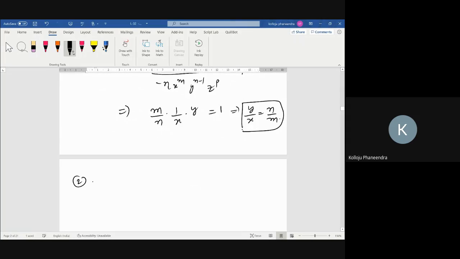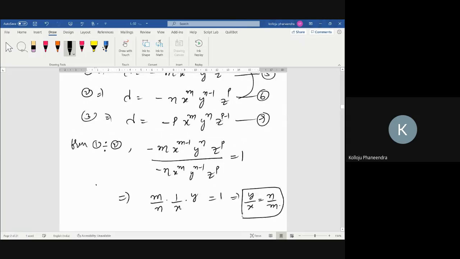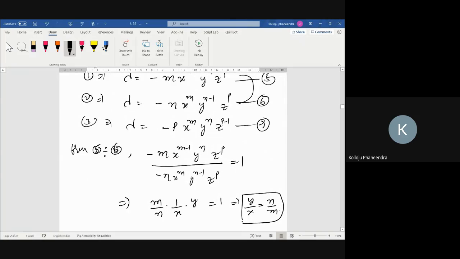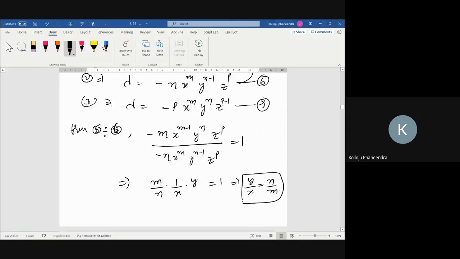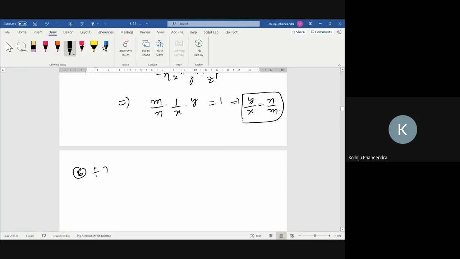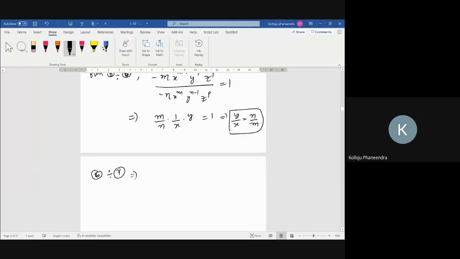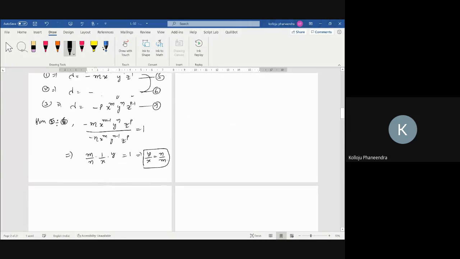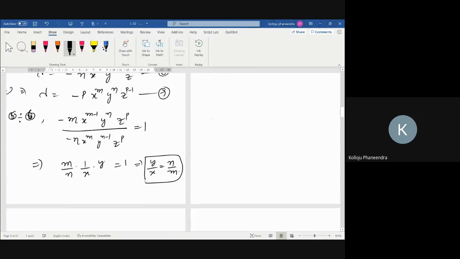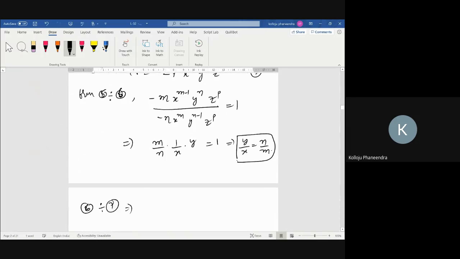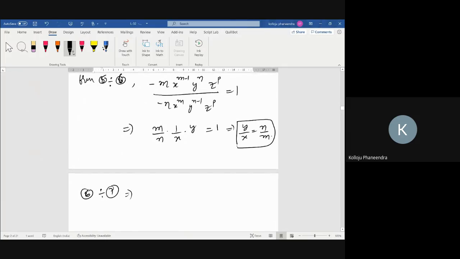Next, not 1 divided by 2, but 5 divided by 6. Next, take 6 divided by 7. What is 6 divided by 7? Minus n x^m y^(n-1) z^p by minus p x^m y^n z^(p-1) equal to 1.